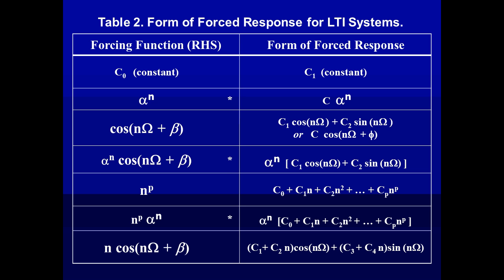But what it does say is, if my forcing function is a constant for the time period that I'm interested in, the forced response, I'll use a yf of n to denote that, it's going to be some unknown constant, probably different than this one, unless the system has a gain of 1.